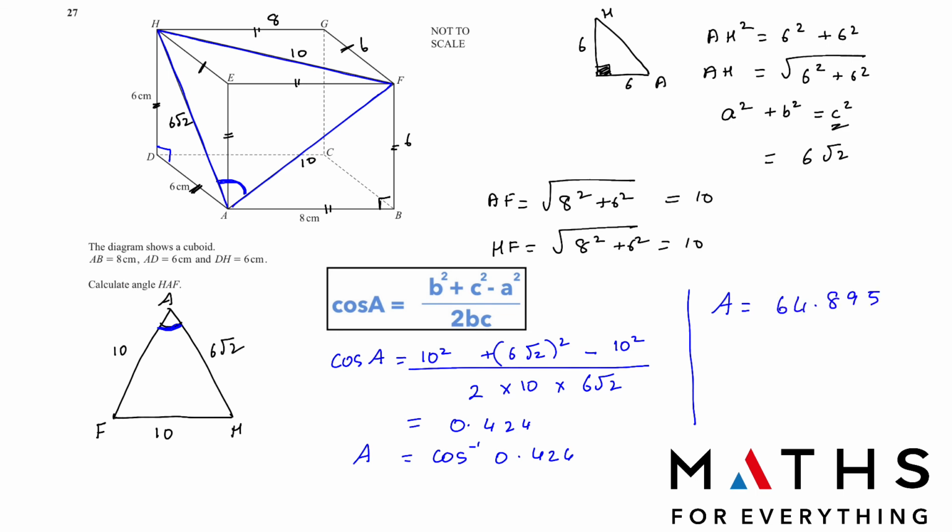So we cannot round it to 2 decimal places, we'll round it to 1 decimal place. The number after the line is more than 5, so we add 1 to the number before, 64.9. Therefore, angle HAF is equal to 64.9 degrees.